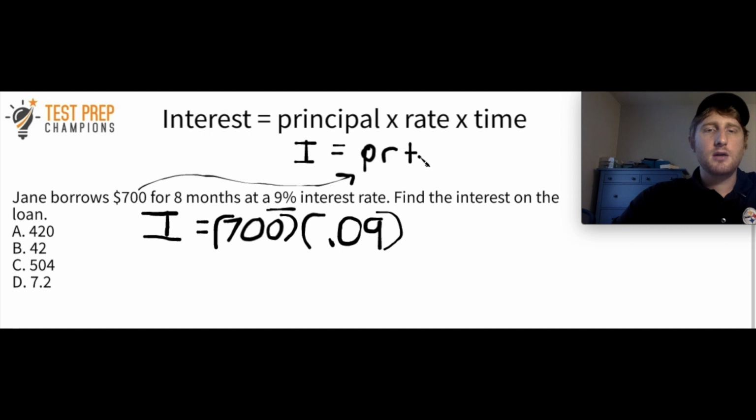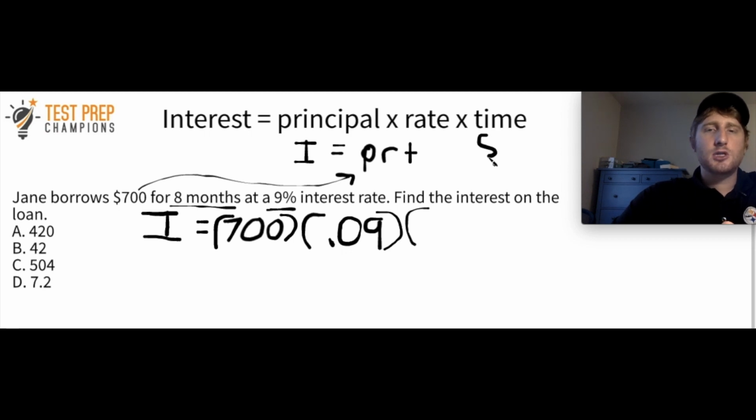So now let's talk about T. For T, what we want to look at is we're given this 8 months. A big mistake would be to just take this 8 and plug it in for T. If you made that mistake, then I want you to listen up very closely because I want to show you how to do it right.